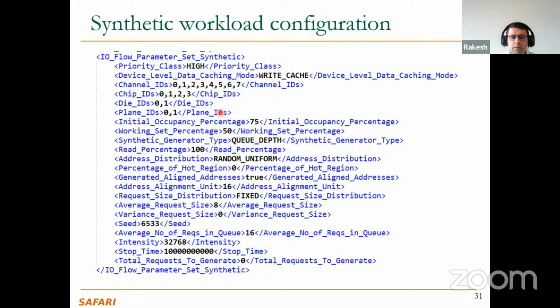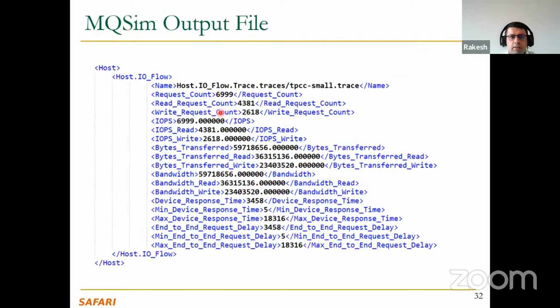And yeah, once we provide these configuration files and we run MQSim and the workload is finished, or the simulation engine finishes the execution of the workload, it generates an output file.